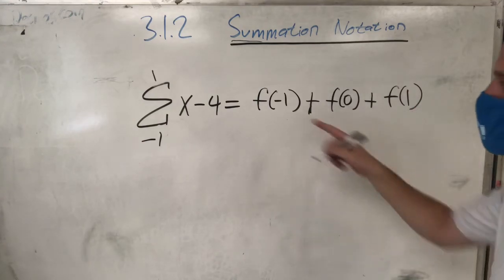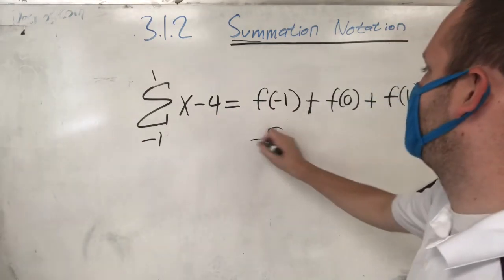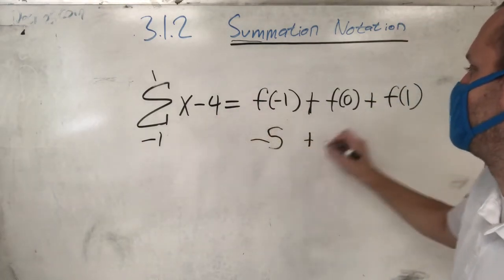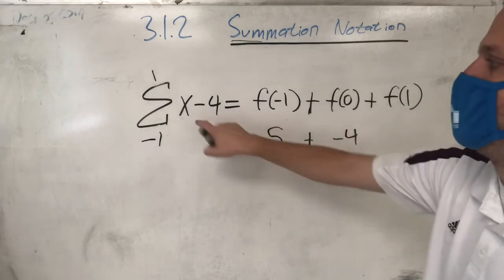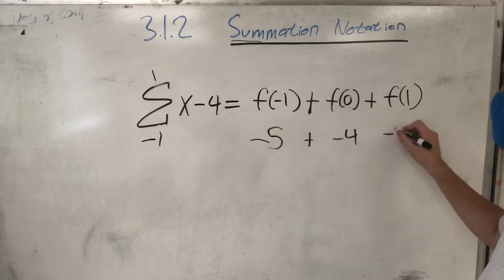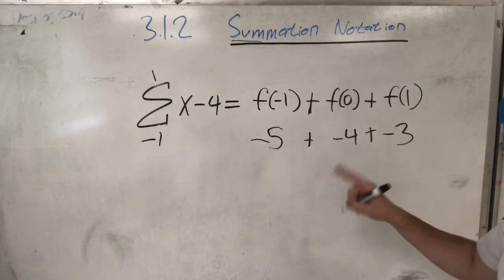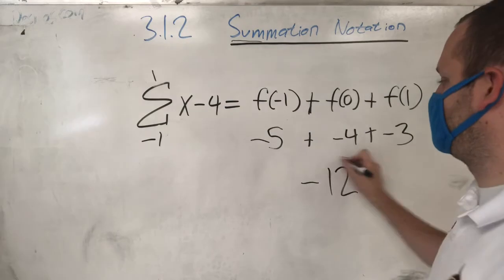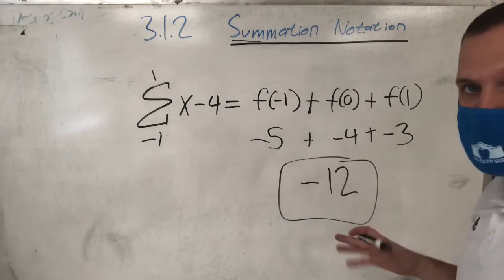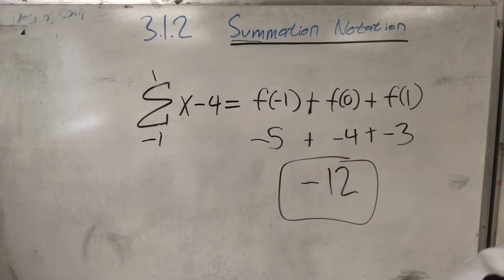We just need to figure out those three. Plug in -1, that gives me -5. Plug in 0 gives me -4. Plug in 1, that gives me -3. -5 plus -4 plus -3 is -12. Ta-da!